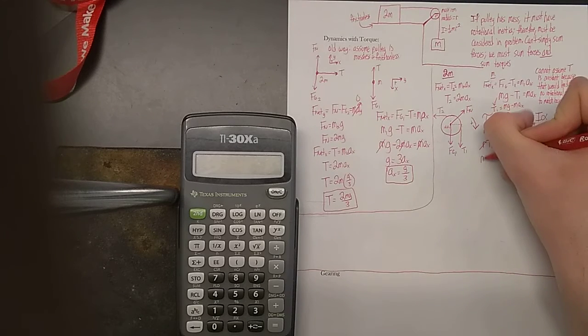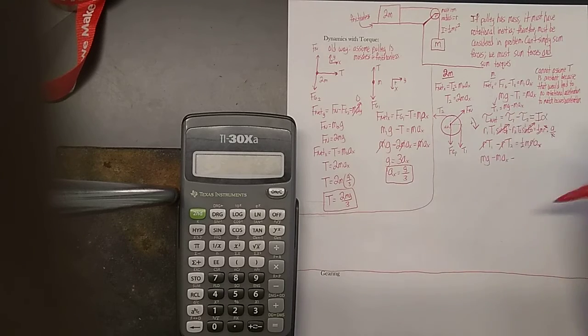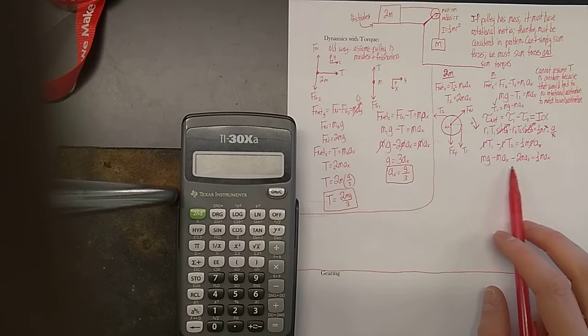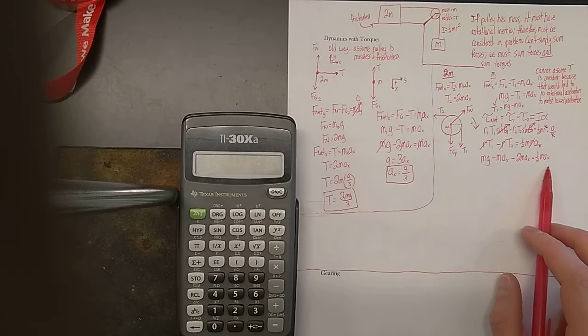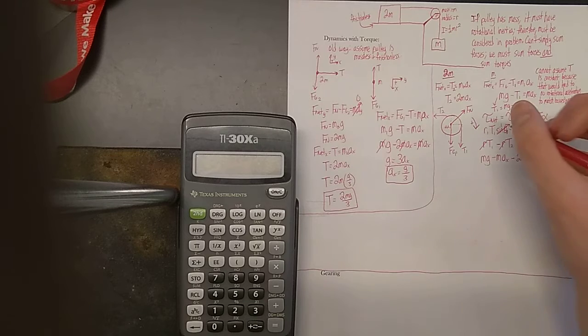So that's mg minus max minus T2, which is 2m ax, equals 1/2 max. Negative max minus 2 max is negative 3 max. Add that over to the other side, I get 3.5 max, or, if you prefer, because I do, 7/2 max.